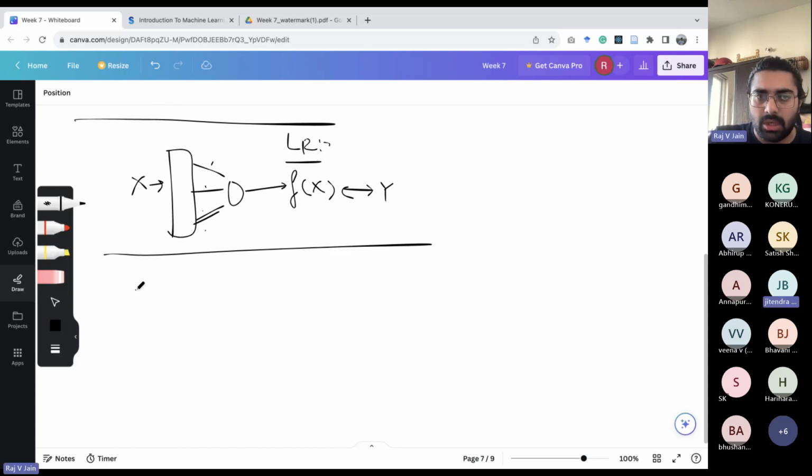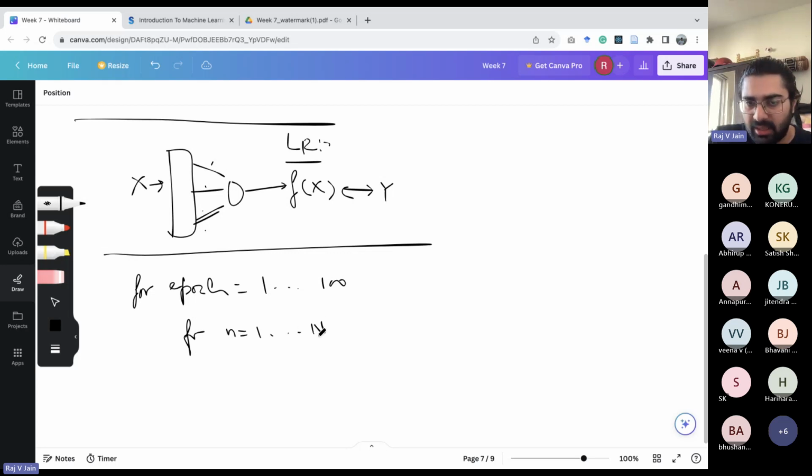Right. Ideally, generally speaking, we have two loops in this sense. One is called the epoch loop, let's say 1 to 100 or whatever, and then you have the sample loop, n equal to 1 to capital N, let's say. If you have capital N, say 10 examples, then you pass this xn through the network.